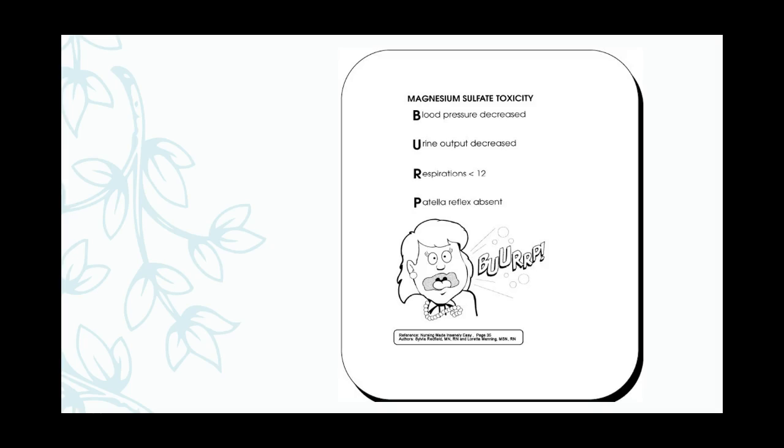If you assess any of these things, your patient is headed into magnesium toxicity, and we need to make sure that we always have calcium gluconate at the bedside, readily available to be administered in a quick, fast hurry if you assess any of these signs or symptoms.